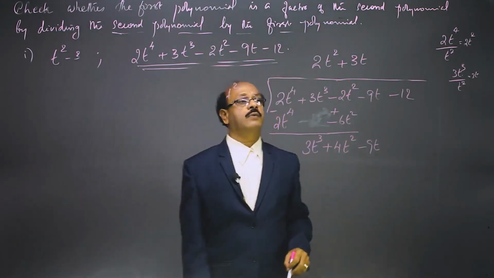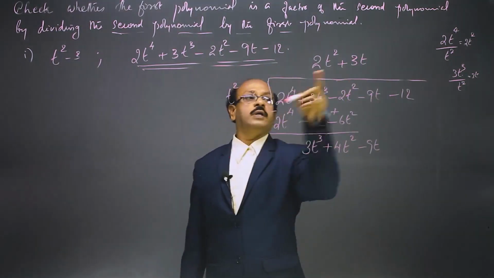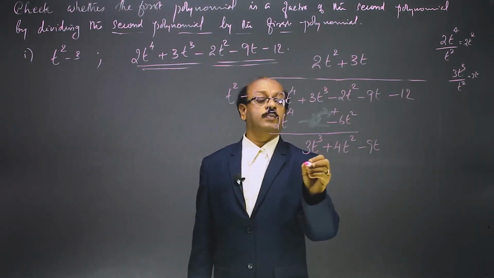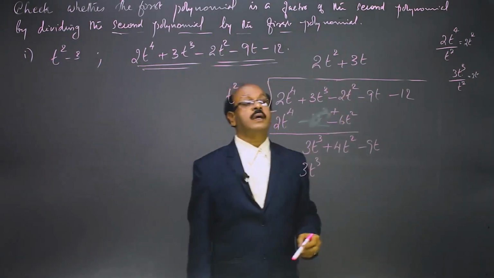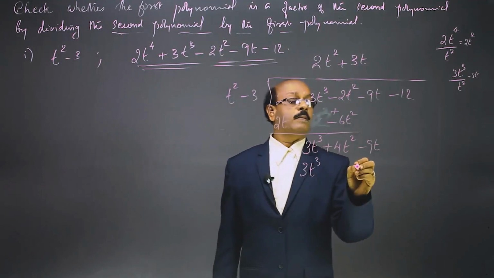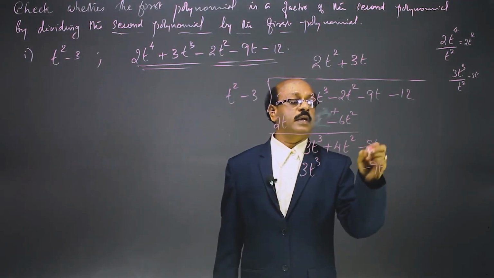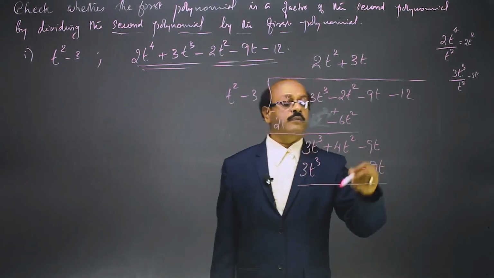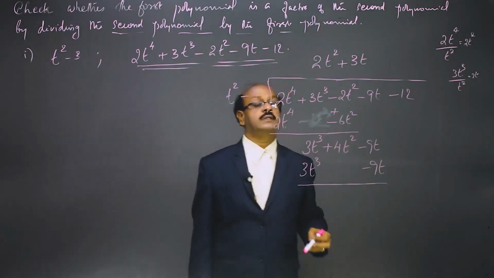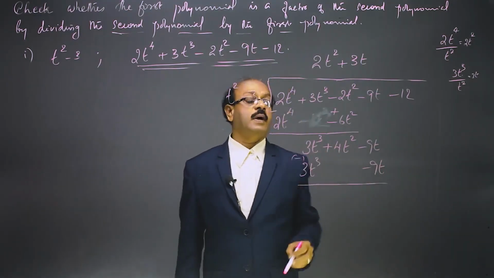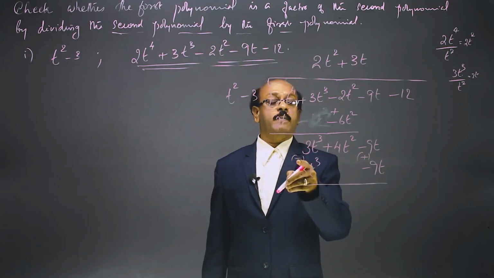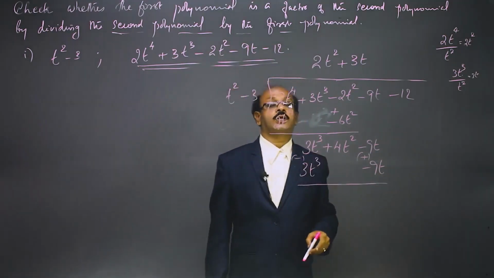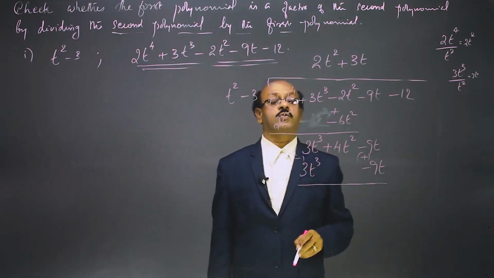Now again we have to multiply t square into 3t, which is equal to 3t cube, and minus 3 into 3t, which is equal to minus 9t. Minus 9t below the term containing t. Again we have to subtract. For that, change the sign. It is minus 3t cube and plus 9t. 3t cube minus 3t cube will be 0.